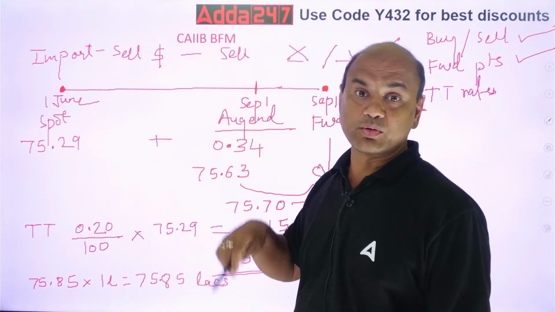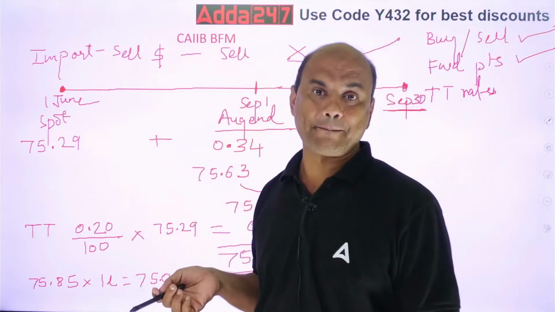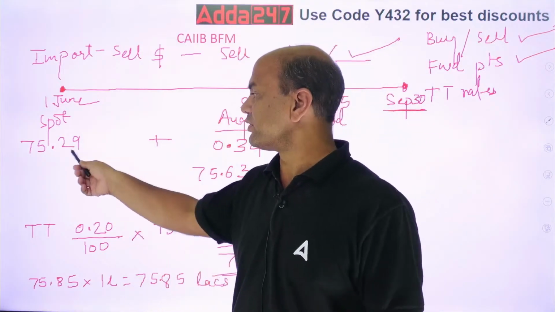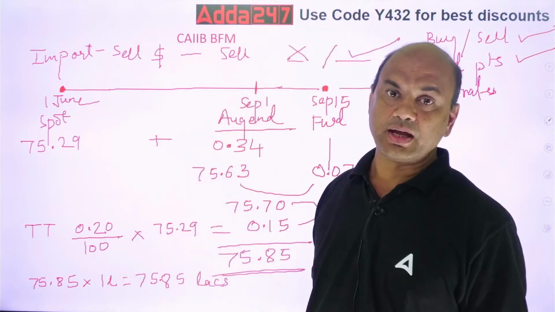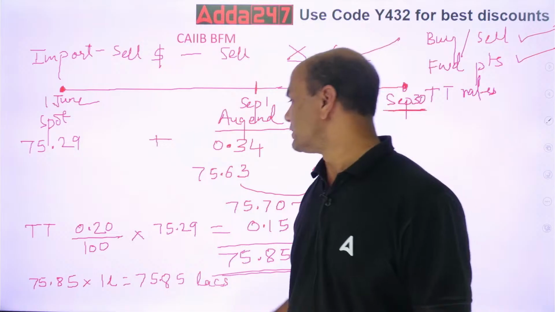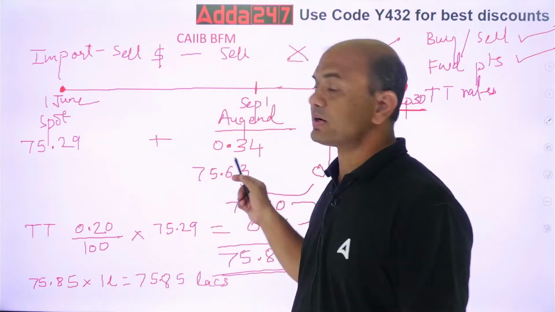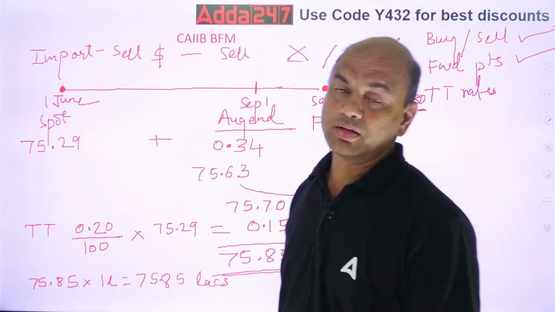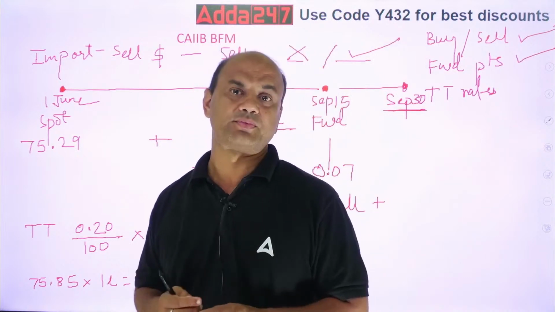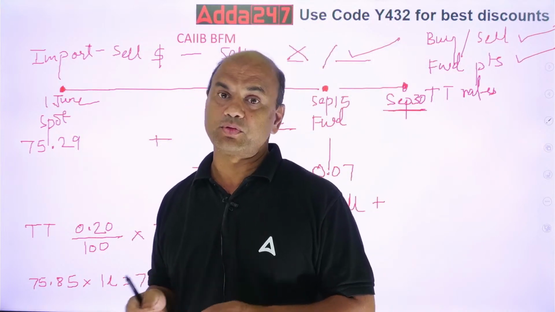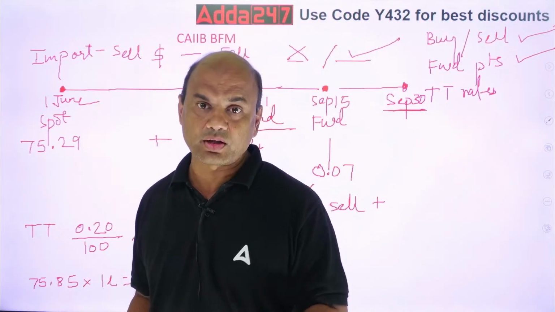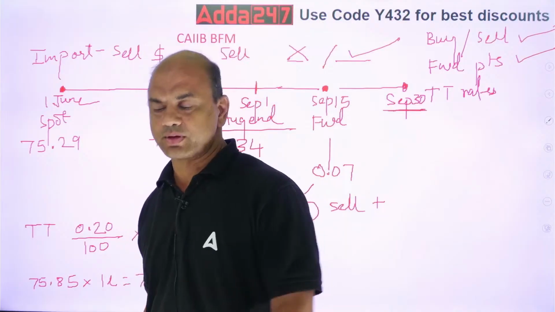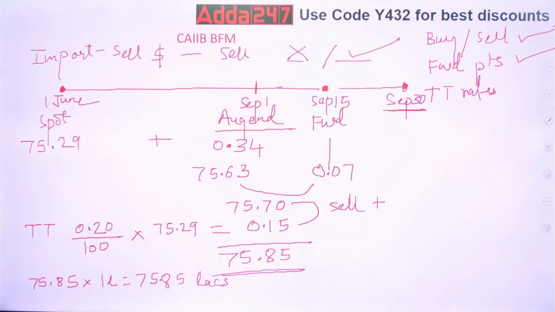Because just now I told you the currency is in premium. Add these two, everyone. You must get this answer as 75.63. Do it practically also. In the exam, if you have practice on the calculator, it's very easy. If you don't, it's very difficult. Practice on the calculator, everyone.